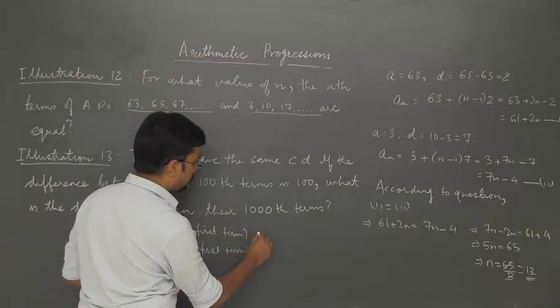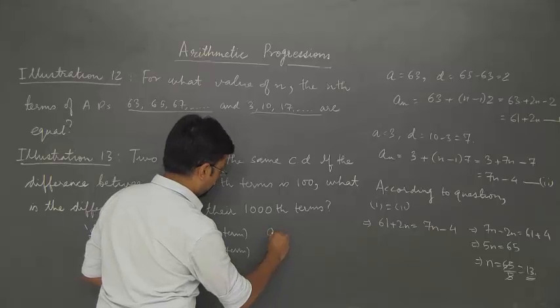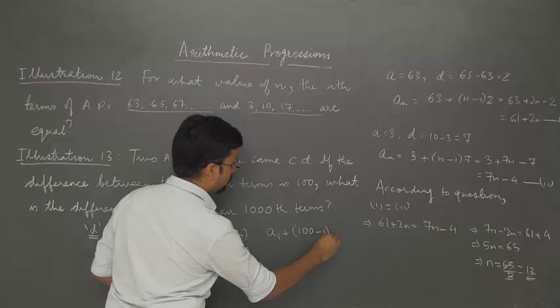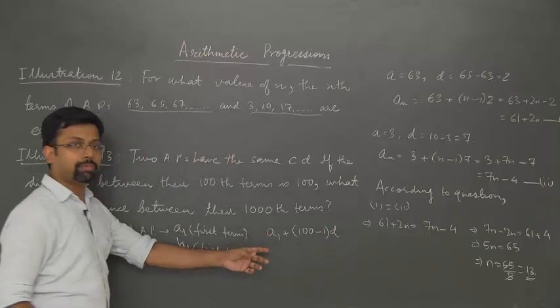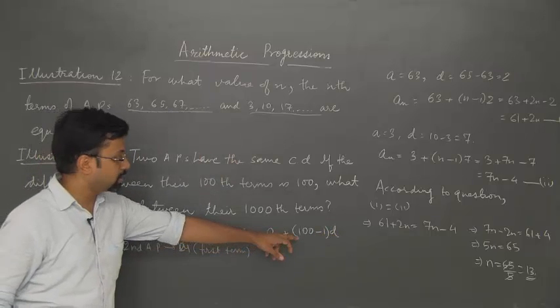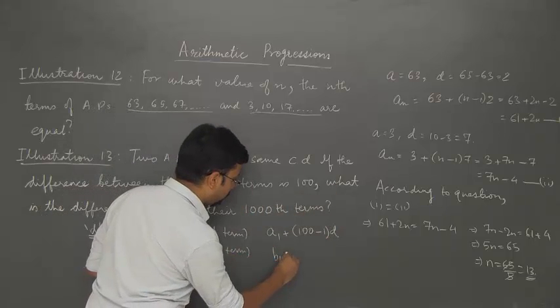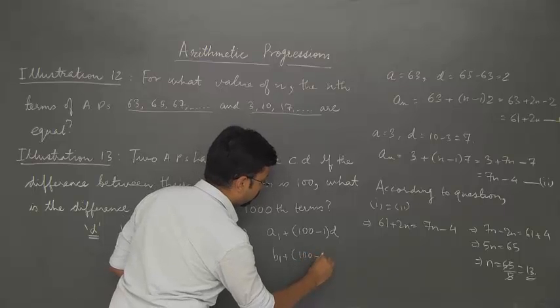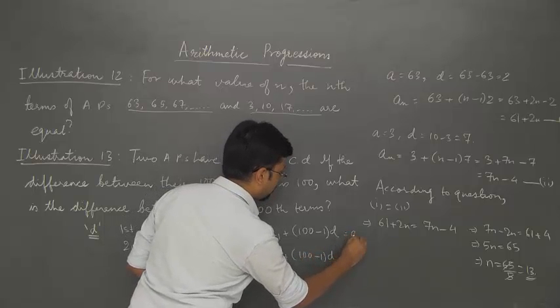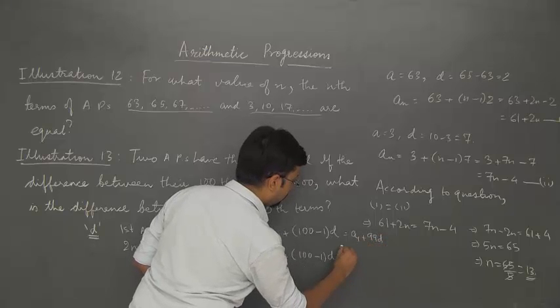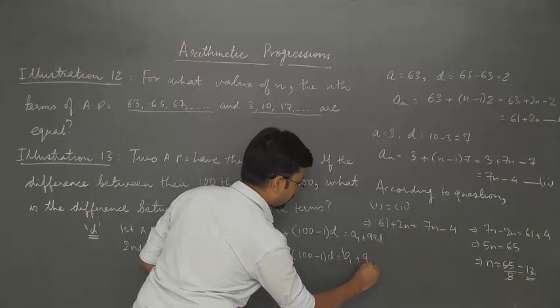Now the 100th term can be written as A1 plus 100 minus 1 into D for the first AP. And for the second one, it will be B1 plus 100 minus 1 into D. So this is effectively A1 plus 99D, and this is effectively B1 plus 99D.